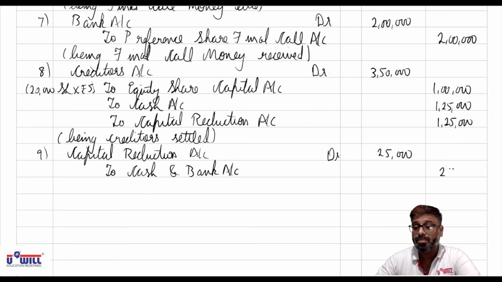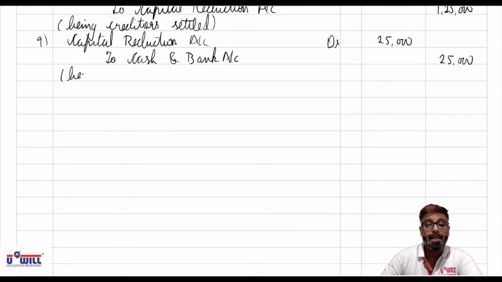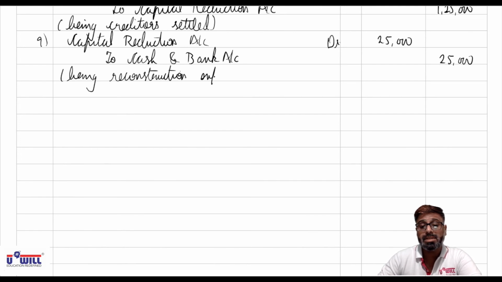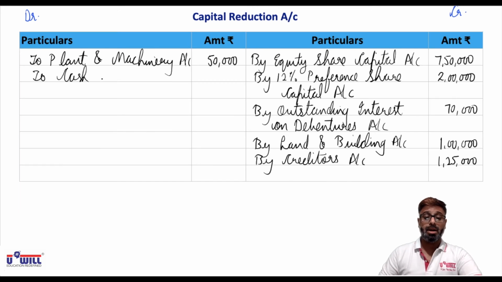Being reconstruction expenses paid. Now capital reduction account debit. So in capital reduction account we will write on the debit side opposite account to cash and bank account 25,000.